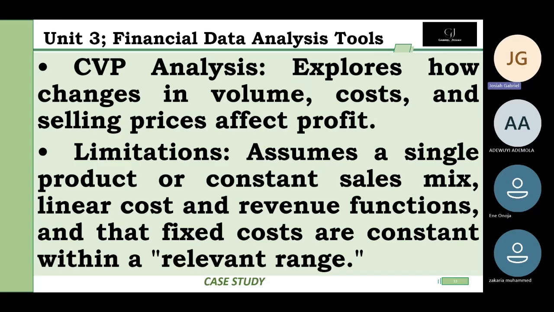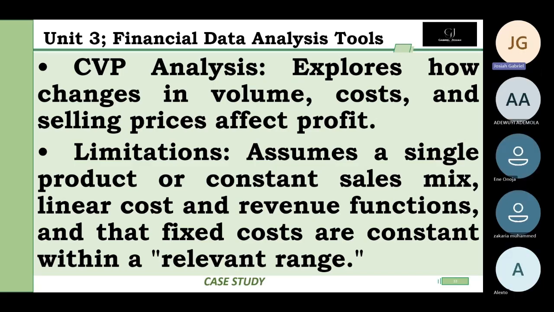So the cost volume profit analysis is a planning tool, a financial data analysis tool that helps accountants and organizations look at what number of products should be produced, at what cost, and at what selling price they will make profit. That's essentially what the cost volume profit analysis speaks to.